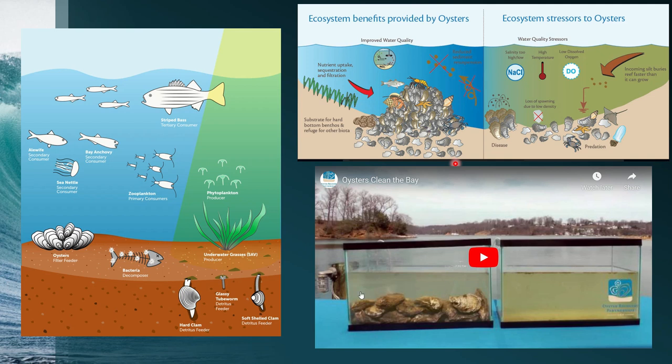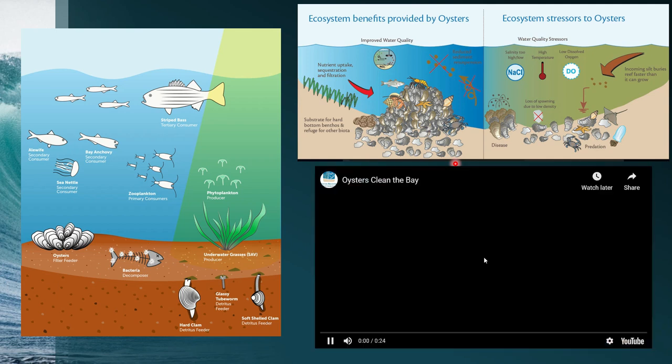So in these tanks, they have the same amount of water in them. It's the same water that's just taken from the Chesapeake Bay. This has 20 oysters in it, and this has no oysters in it. And this is a time lapse of 4 hours. So let's take a look at this here.